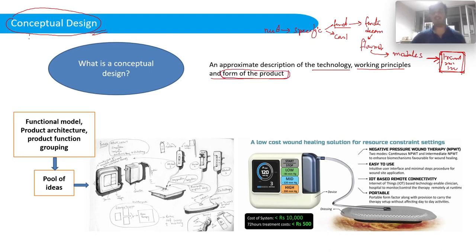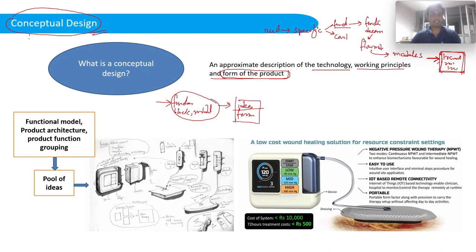Now we are also coming to form. So now we need to come up with something tangible, where we convert the ideas of functional blocks or modules into ideas which have some sort of form, okay.